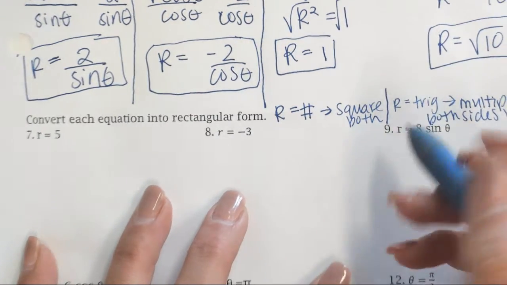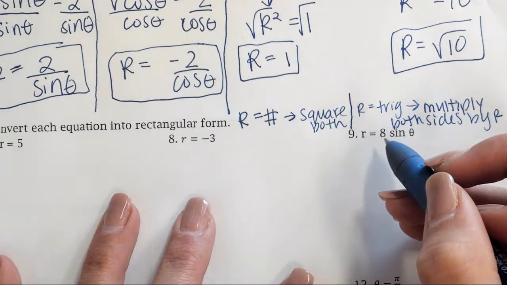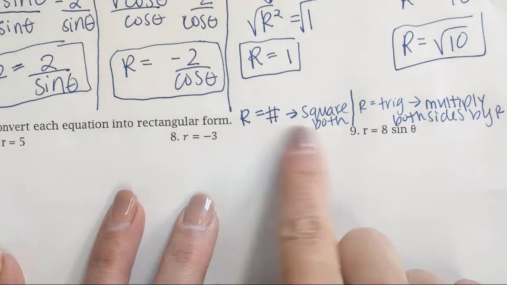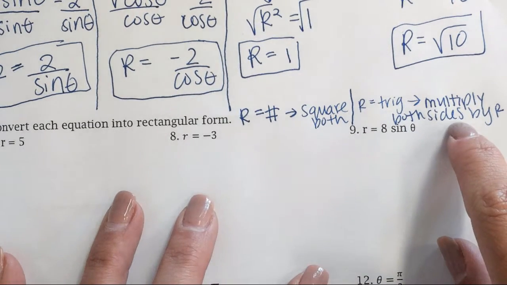So that way we'll have r squared on this side. We can replace that. And then on this side we have 8r sine theta. And we know what r sine theta is. That's what? R sine theta. Y. Very good. Okay. So again, if it's r equals a number, square both sides. If it's r equals trig, multiply both sides by r.